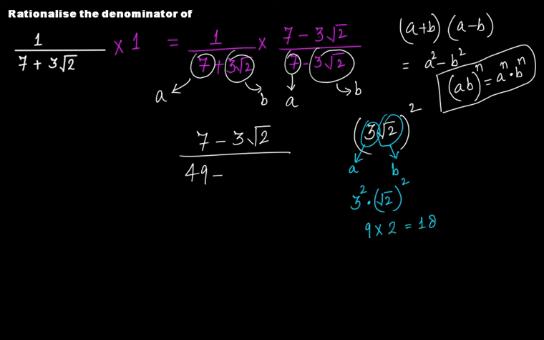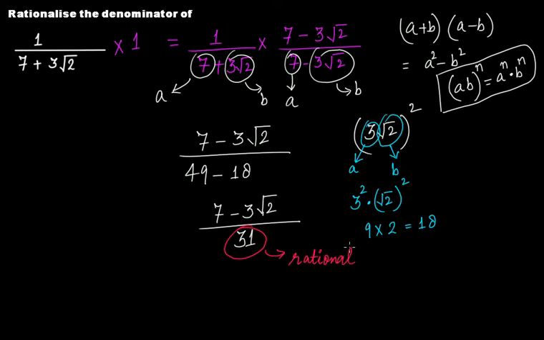So this is 49 minus 18. So this becomes 7 minus 3 square root 2 divided by 49 minus 18, which is 31. Now 31 is a rational number. Okay, so this is the rationalizing of the denominator of any number. This is the way.